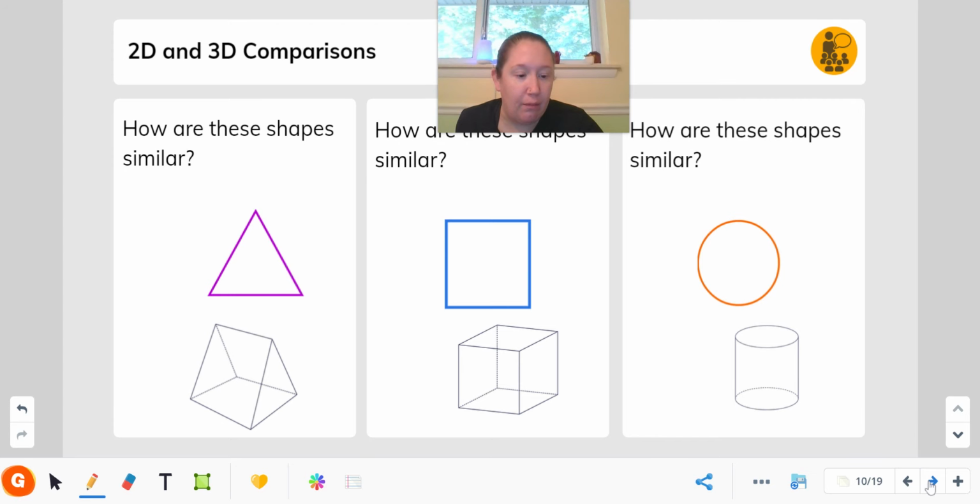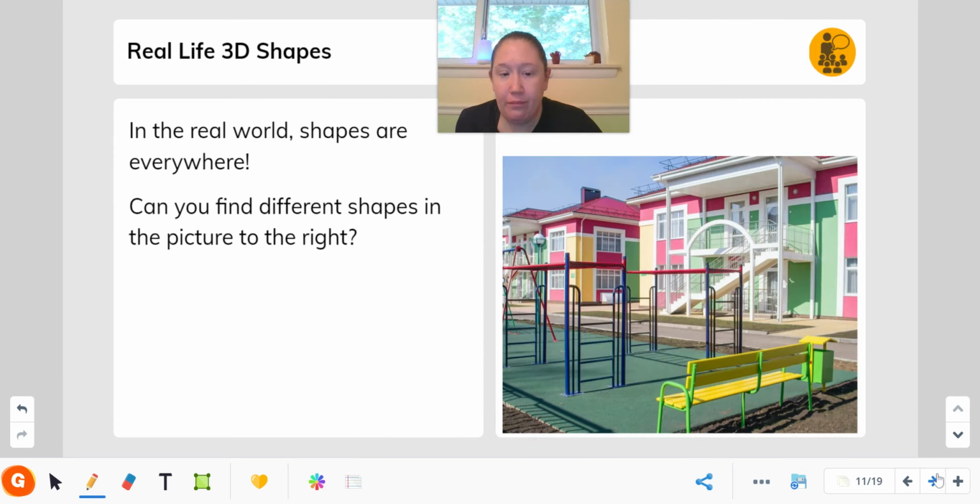All right, real life 3D shapes. In the real world, shapes are everywhere. Can you find different shapes in the picture to the right? Okay, I'm going to give you guys a minute to look over it. And I want you to let whoever you're working with know what shapes that you found in the picture.